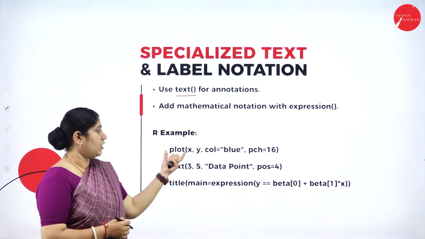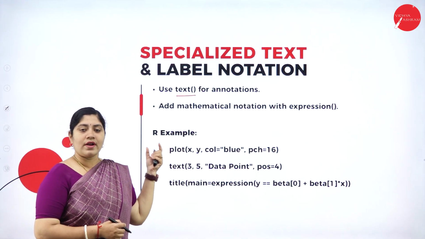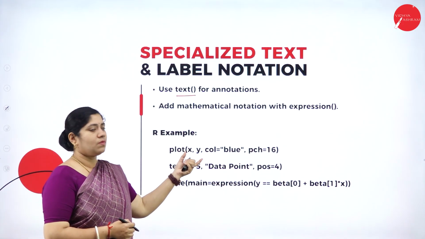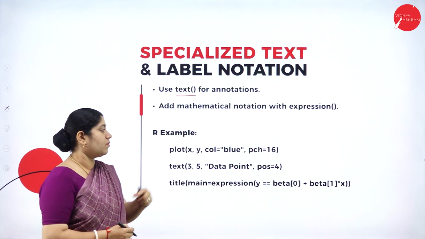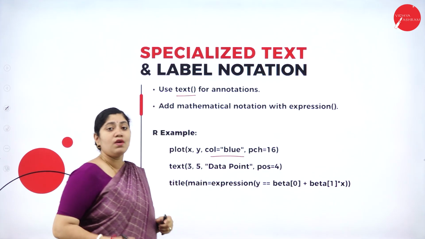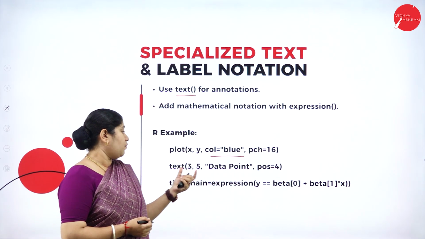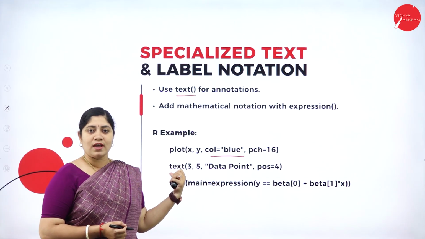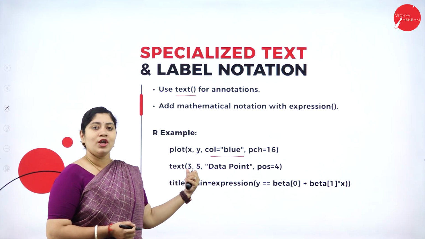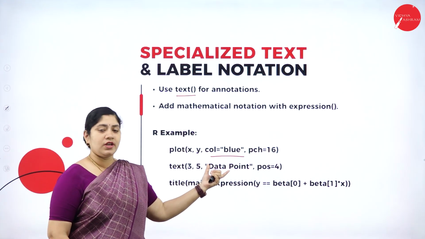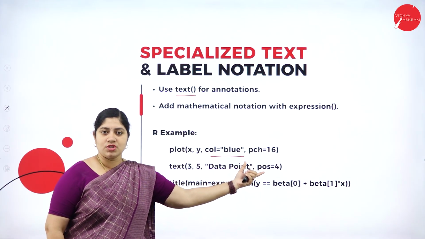Here we have an example where we are again going with the base plot, that is a plot of x comma y, followed by color, where I want to represent it in blue with a pch value of 16, followed by the text. I want to represent a text of x comma y followed by the title, which should be data point, followed by the position.